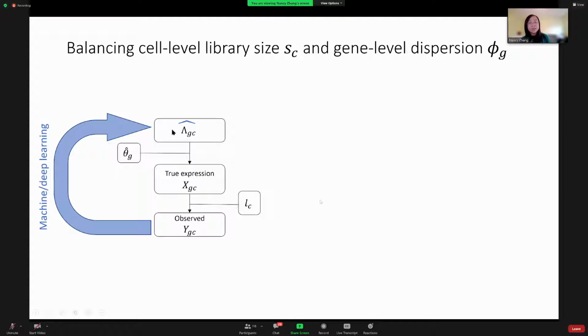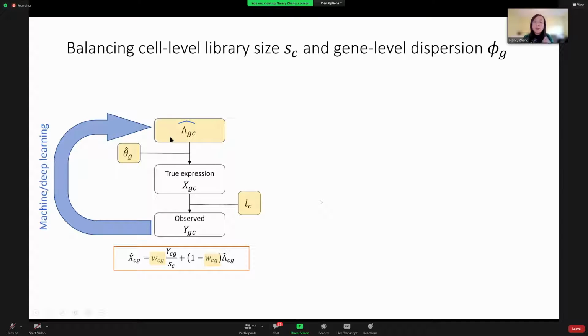And from lambda hat, we hope to get an estimate of X. It turns out that in this simple model, your best estimate X hat is just a weighted sum of your observed Y_gc and your prediction lambda hat. And the weights are a function of your gene-specific predictability term, this dispersion term, your cell-specific library size, and your lambda hat.